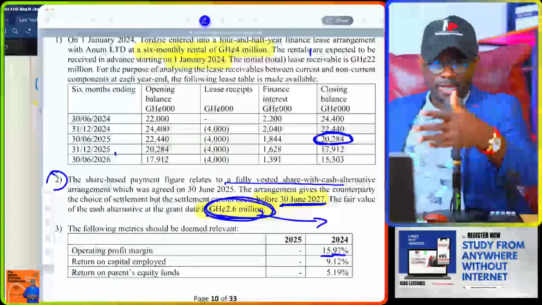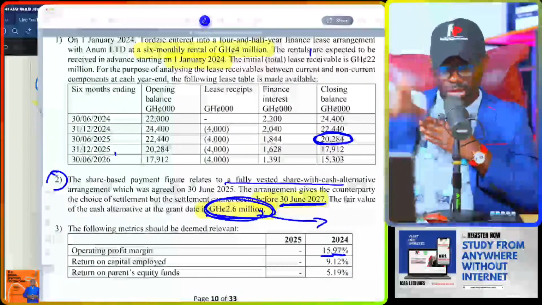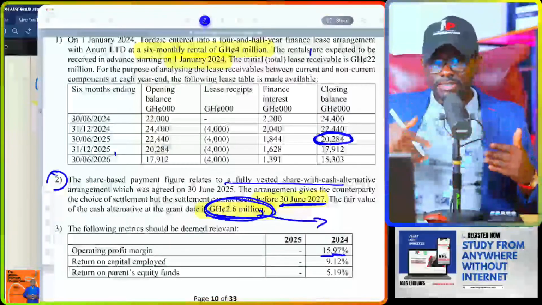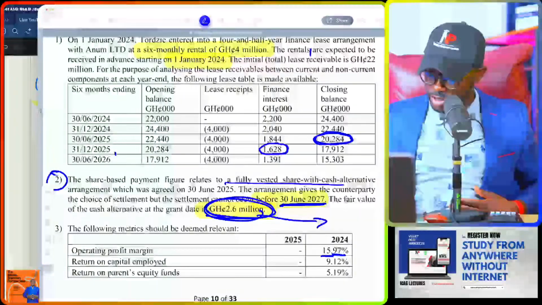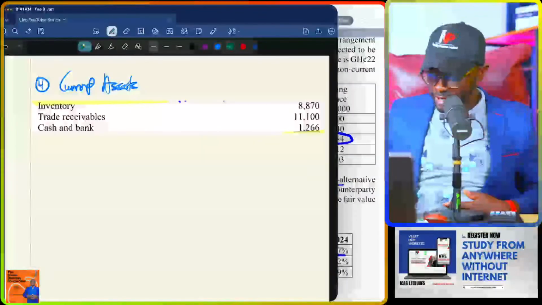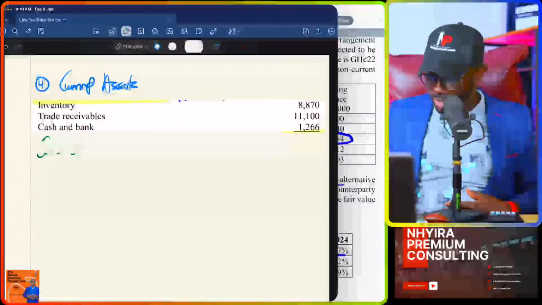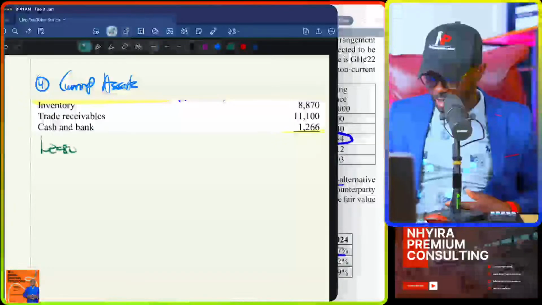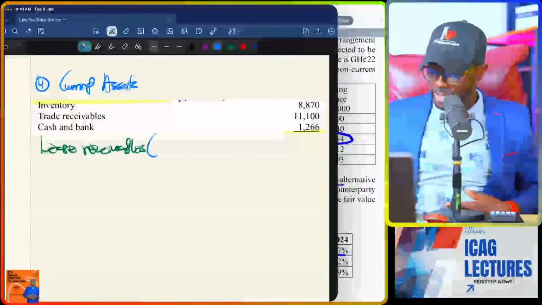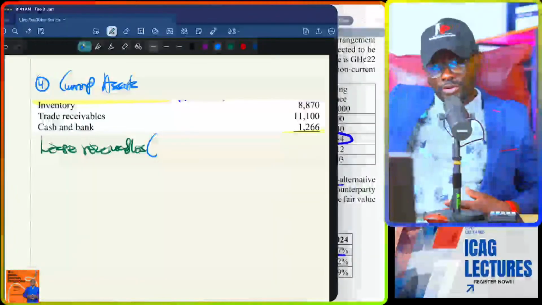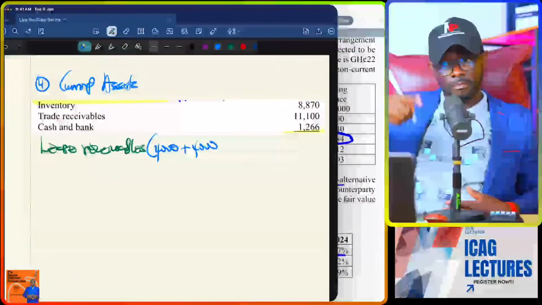The current component is simply the annual lease that we are going to be receiving, less the interest that we are going to be receiving in the subsequent year. So the current component of the lease receivable is what we're going to be receiving in the next year, which is 4,000 plus 4,000, because biannual.